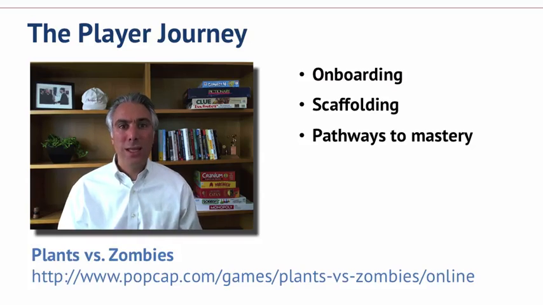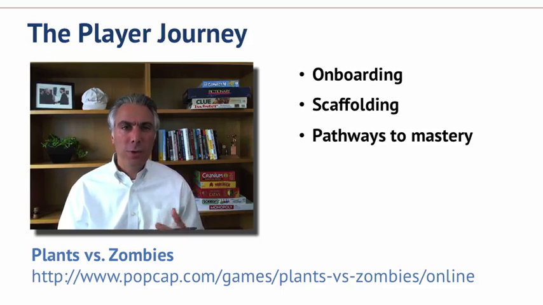So let's look at an example of how this works in an actual video game. I'd like you to go and play the first level of Plants vs. Zombies. Many of you already have. Plants vs. Zombies has been an extremely successful casual game on mobile devices and the web as well. And you can go and play the web-based version for free.